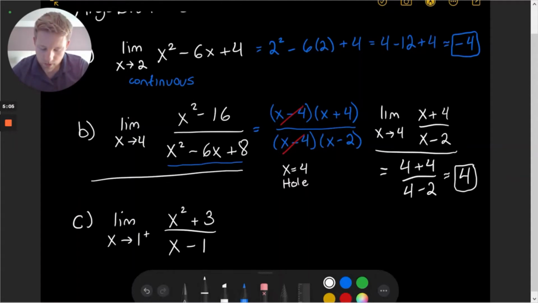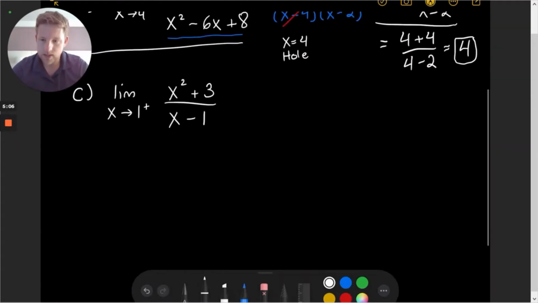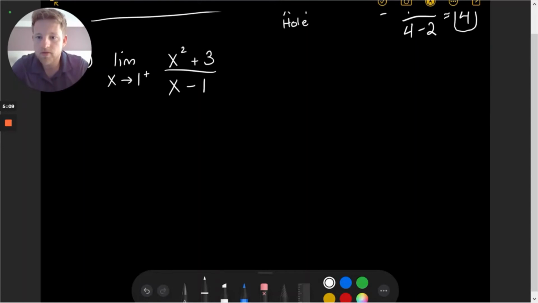Let's take a look at a third technique in Part C. Part C is looking at a one-sided limit. So here we want to take the limit as x goes to 1 from the positive end, that would be from the right. And we'll notice that if we just evaluate again at x equals 1, we're going to have an undefined function.